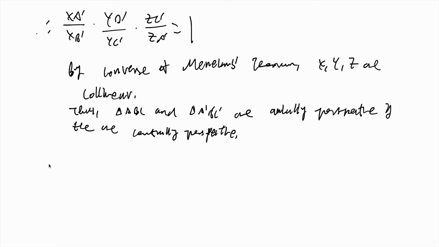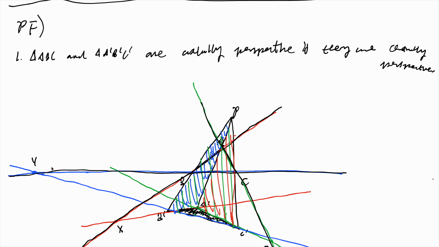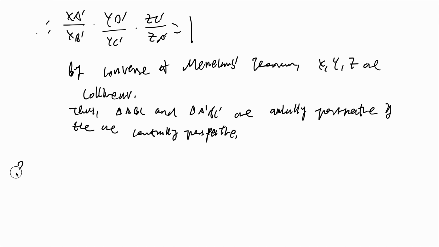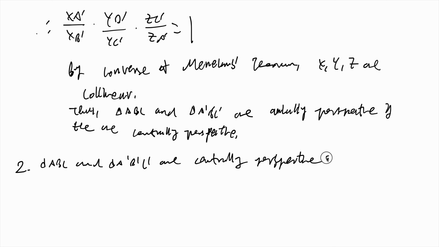Yay! And we now have to prove the second part of Desargues' theorem, which is triangle ABC and triangle A prime B prime C prime are centrally perspective if they are axially perspective.